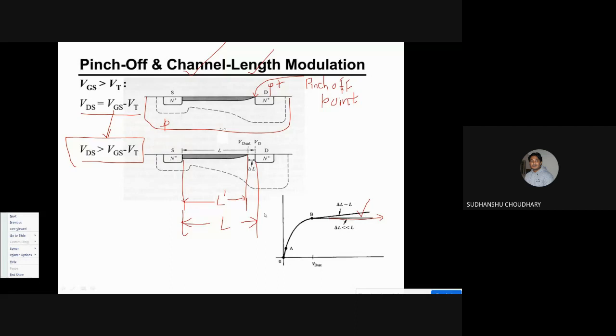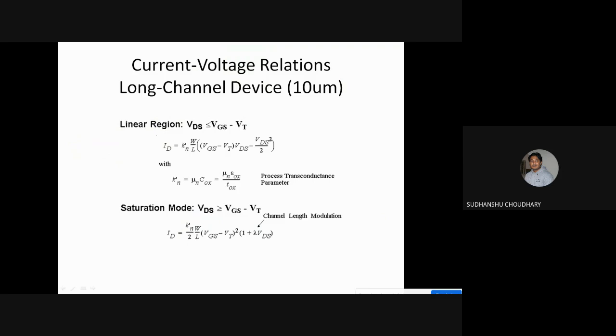So why does this current increase? Because of this short channel length. That can be understood if I try to see the current equation of a MOSFET. Again we have three regions: cutoff, linear, and saturation. In cutoff, there is no current, VGS is less than VT.